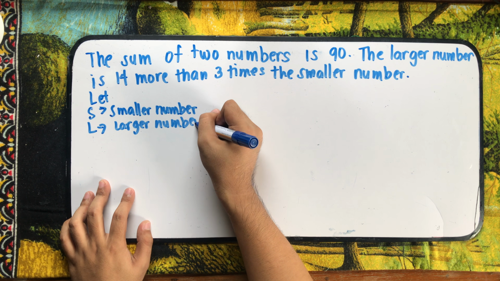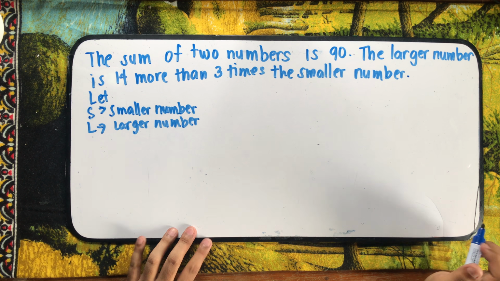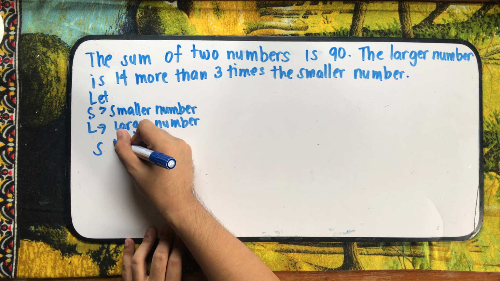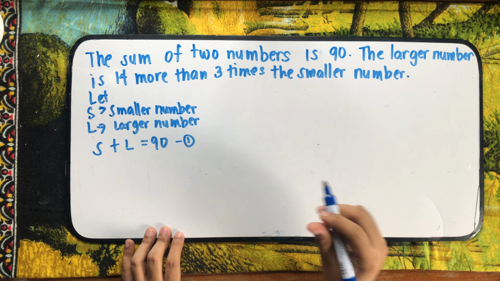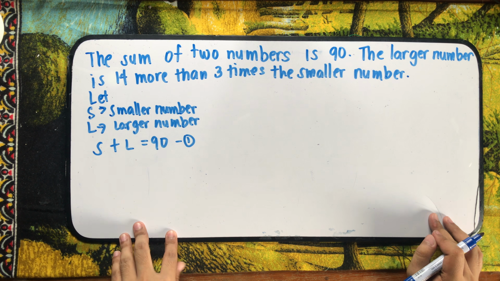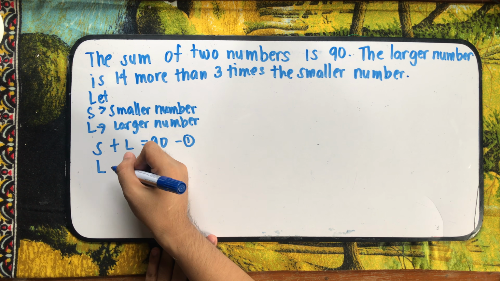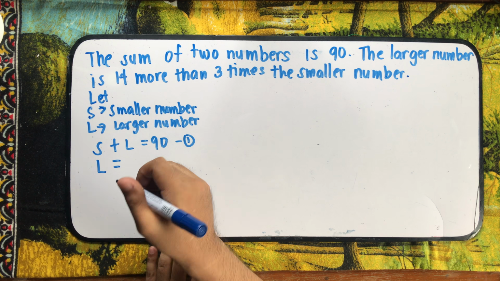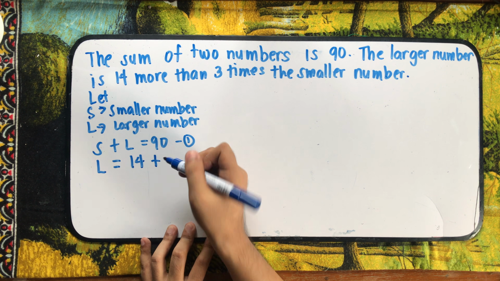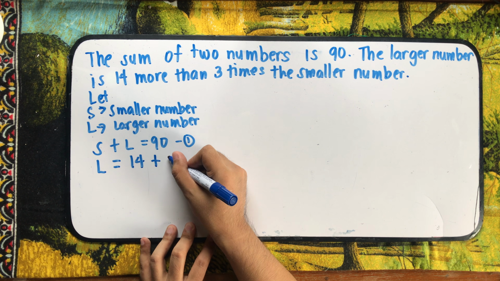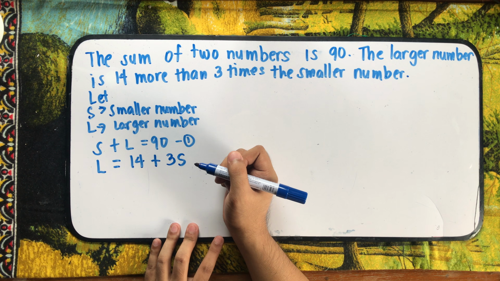Let us now write the equation. So the sum of two numbers is 90. Therefore, equation number 1, S plus L is equal to 90. This is our equation number 1. The larger number is 14 more than, and when we say more than, that is plus, 3 times the smaller number, which is S. Okay?